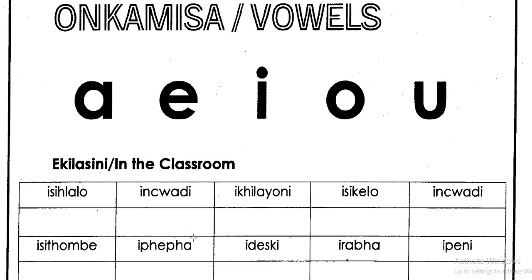Because some of the Zulu words are borrowed from Afrikaans or from English. You can see an example of ikilayoni. They can write it here in English. Idesiki, they can write it in English. Iraba, they can write it in English. And also ipeni. Only the ones that they don't know, you can help. But the important thing is they must know that all nouns in isiZulu start with a vowel.